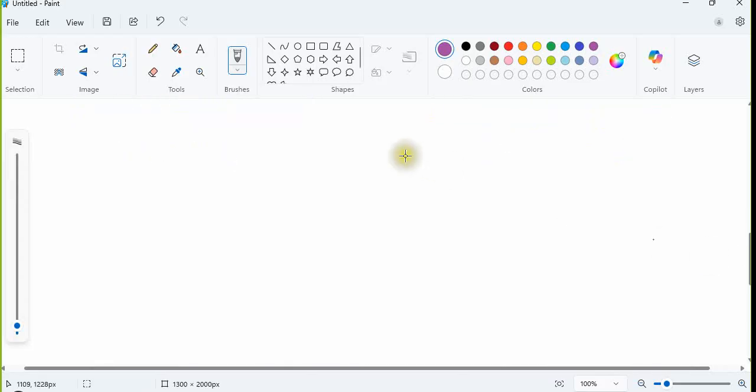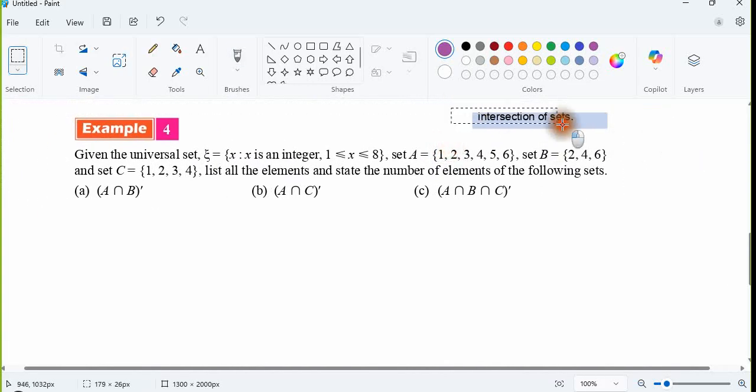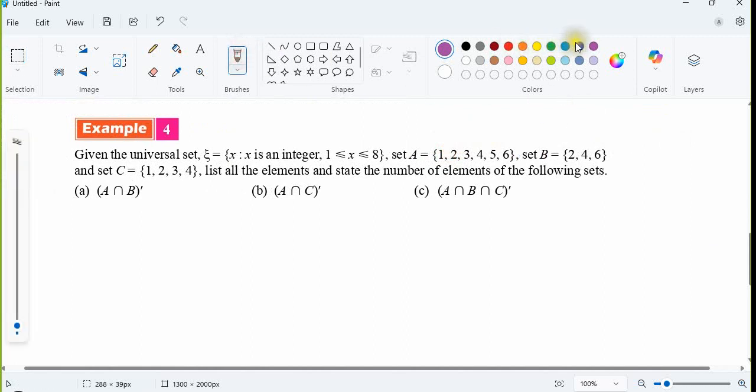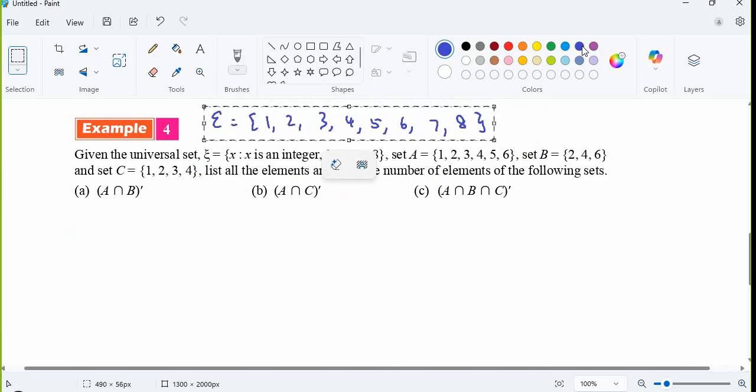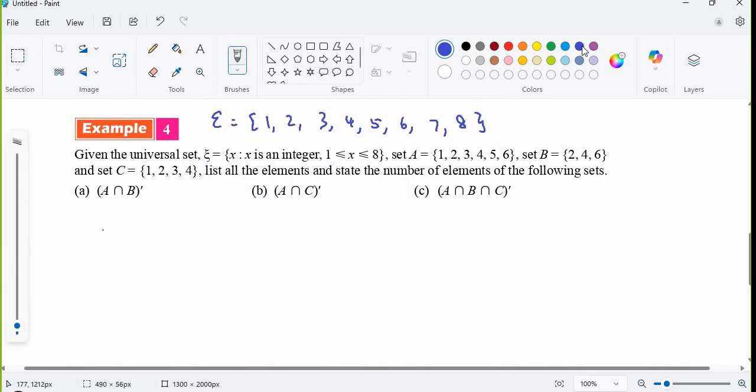Now we look at example number 4 here. The universal set is 1 until 8, so 1 2 3 4 5 6 7 8, and then A is 1 2 3 4 5 and B is 2 4 6. The question asks us to find the complement of A intersection B. So we find A intersection B first: they have 2 4 6 in common.